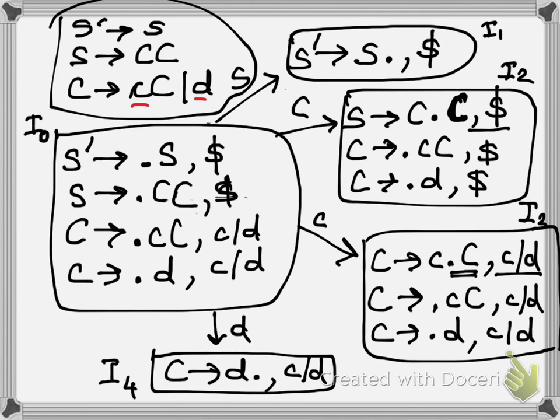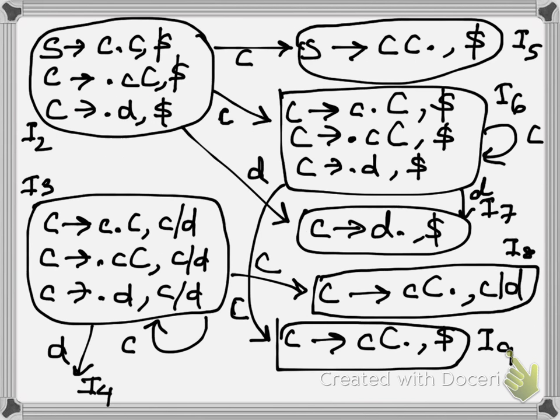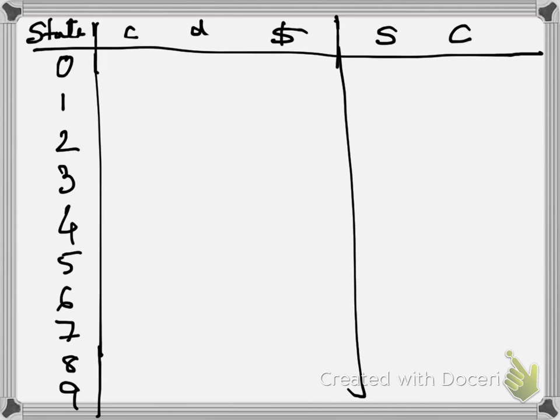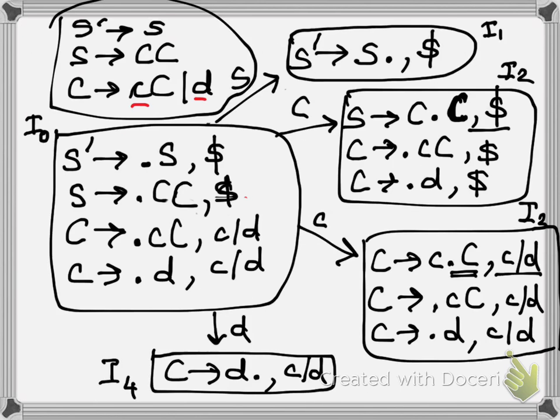So in our states, here I have on small c, I0 goes to I3, so shift 3. Similarly, I0 on small d will shift to I4.